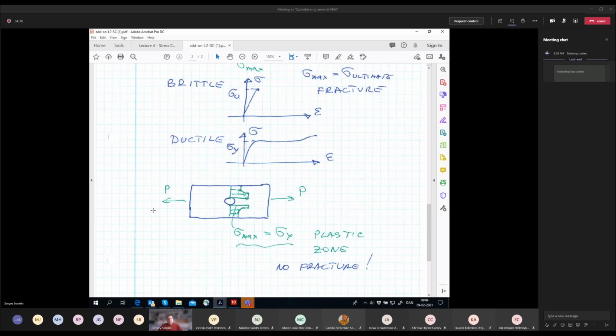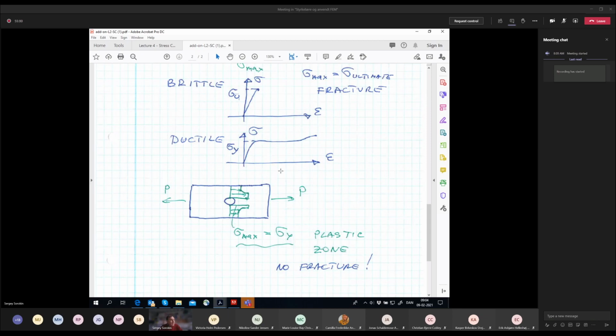And then also, if we have fatigue, with very, very low stress levels but repeating, we may also have brittle fracture of ductile materials. So it's not all sunshine. But anyway, that's how it is.